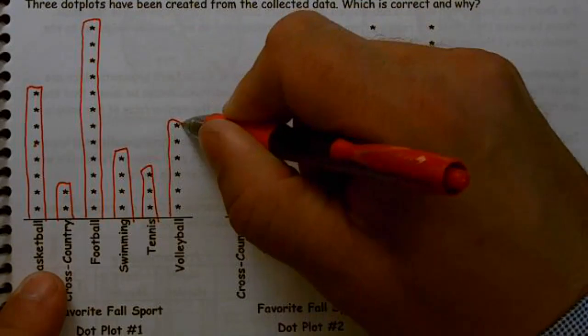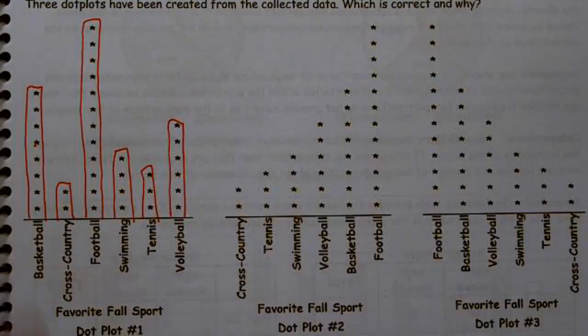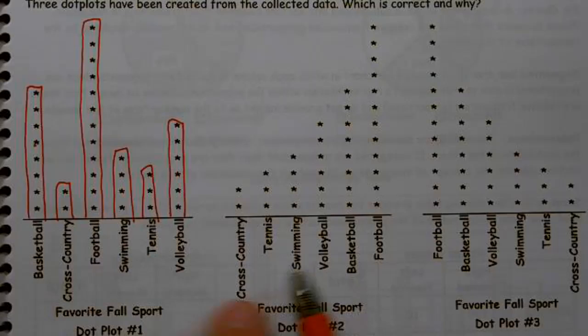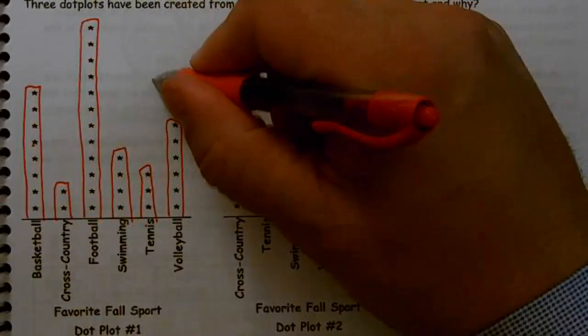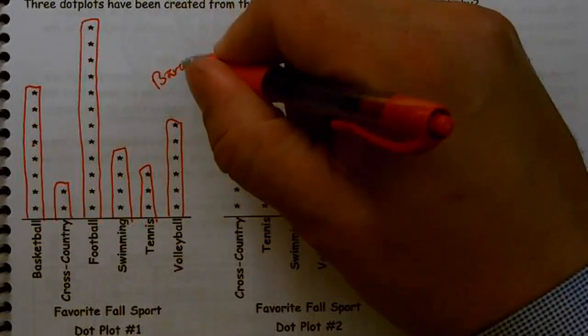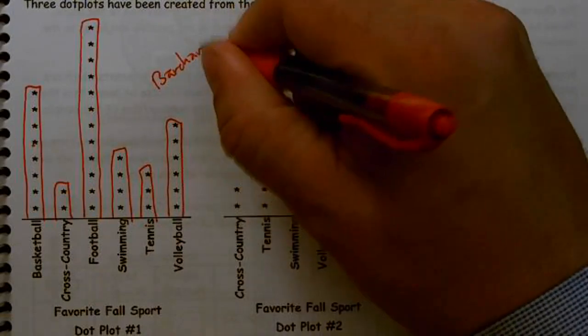So it doesn't go from tennis to volleyball. It does in this one, but over here it went from tennis to swimming. Touching would imply an order. And this is a bar chart that I just made out of a simple dot plot.